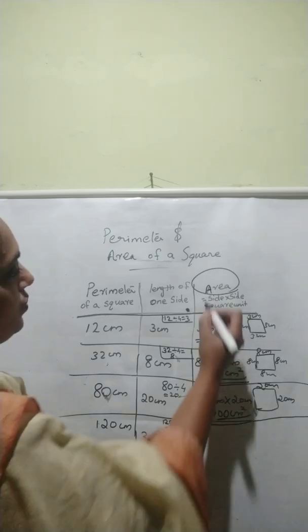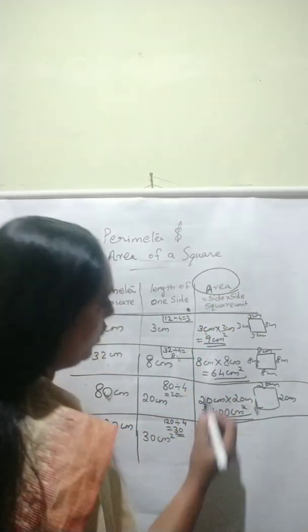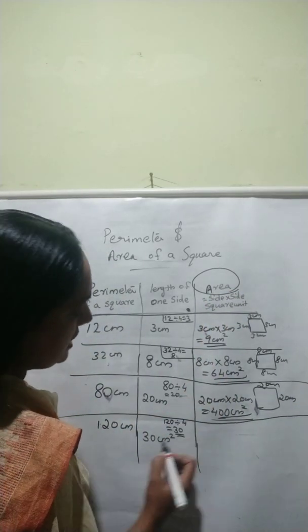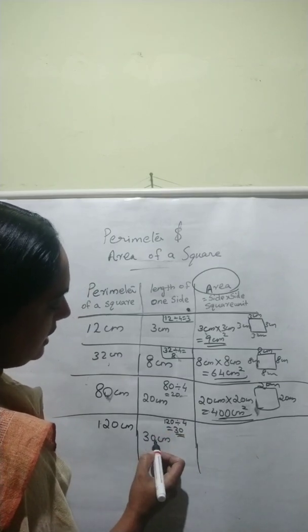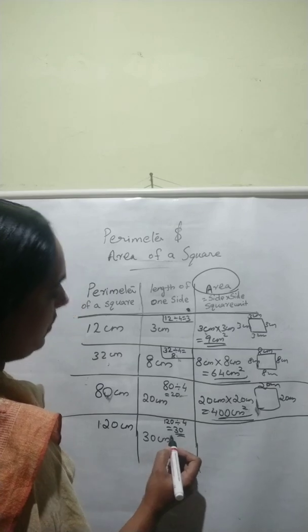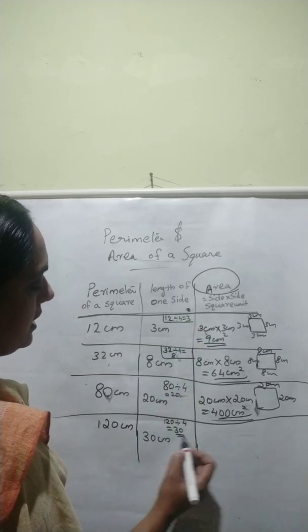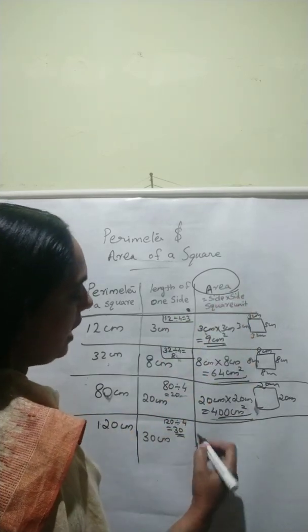Then we need to find the area. Area means we know side into side. That means here one side is 30 centimeter. So how can we find the area?